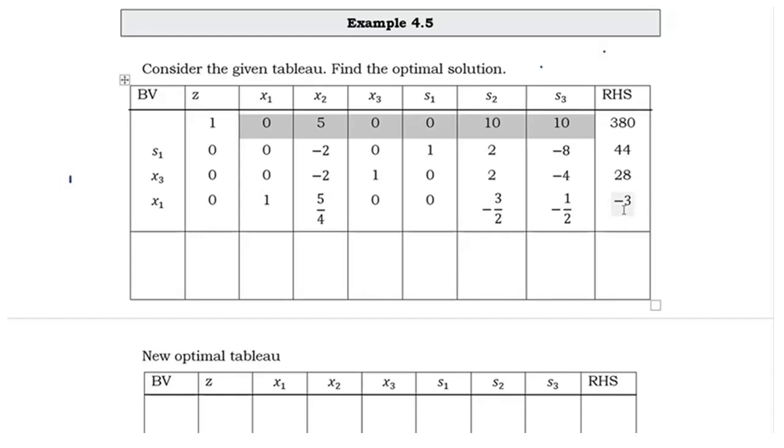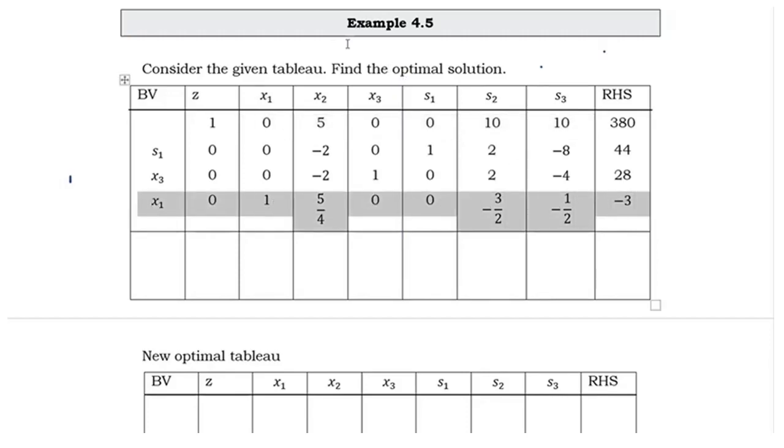Then the dual simplex method may be used to find the new optimal solution. x1 must leave the basis, and row 3 is the pivot row. Because there are two negative coefficients in row 3, we need to calculate the ratio to determine the entering variable.